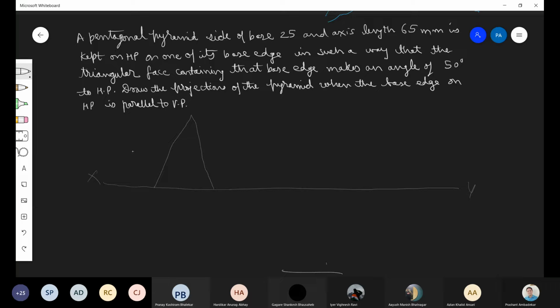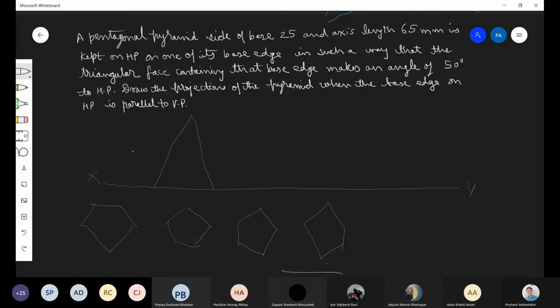Now we don't know how we will draw the pentagon, whether we will draw it like this, or like this, or like this. So this is not known to us initially, or we can have a pentagon like this.